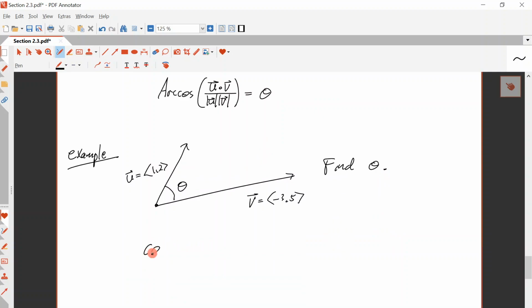Okay, well, cosine theta is equal to u dot v over length u length v. So it's equal to minus 3, 1 times minus 3, 2 times 5, plus 10, over length u, which is square root 1 plus 4, length v, which is square root 9 plus 25.